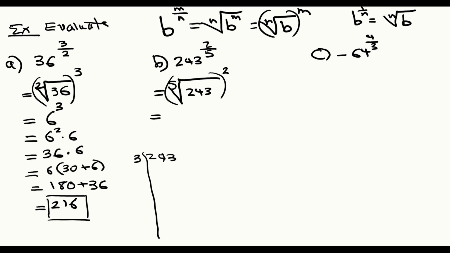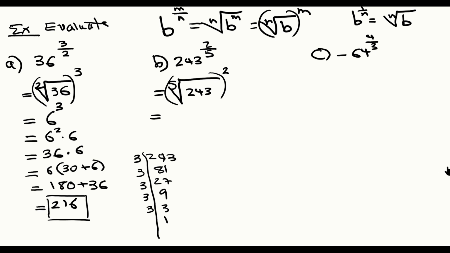3 goes into 243 81 times. We know that's divisible by 3 27 times. Again, we have 3, which gives us 9, and 3 again gives us 3, and 3 gives us 1. In case you've never seen this, this is basically what you used to see as a factoring tree. Think of this as the more mature, grown-up way of handling the same factoring tree in a much more compact, efficient manner.